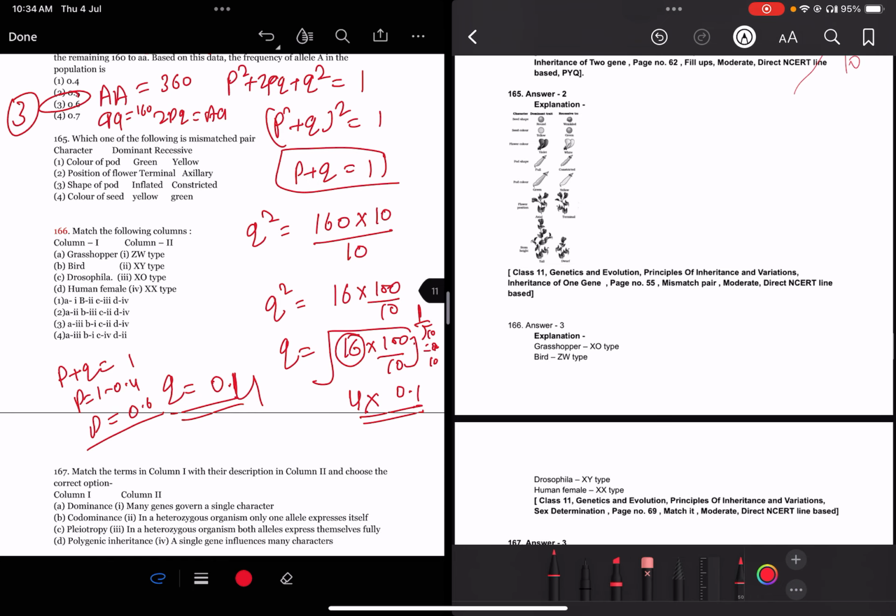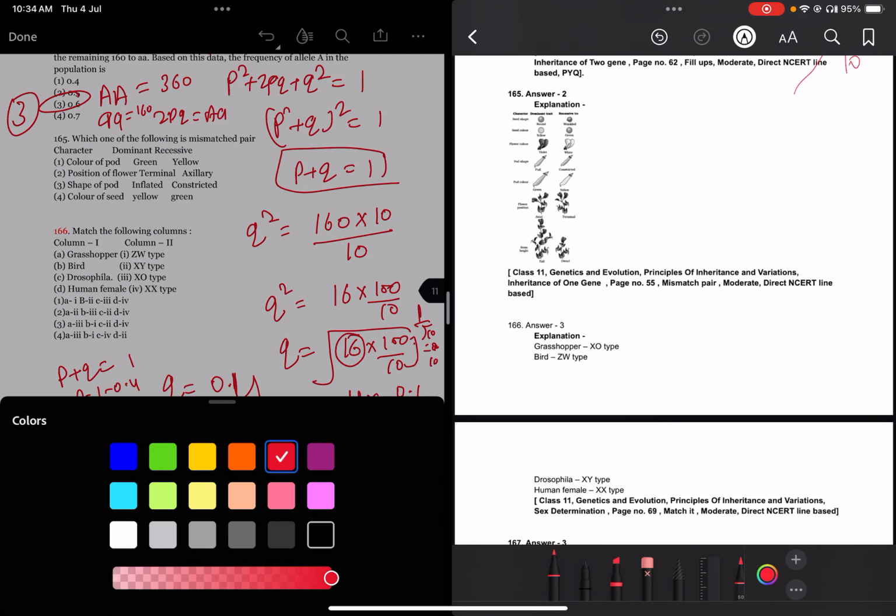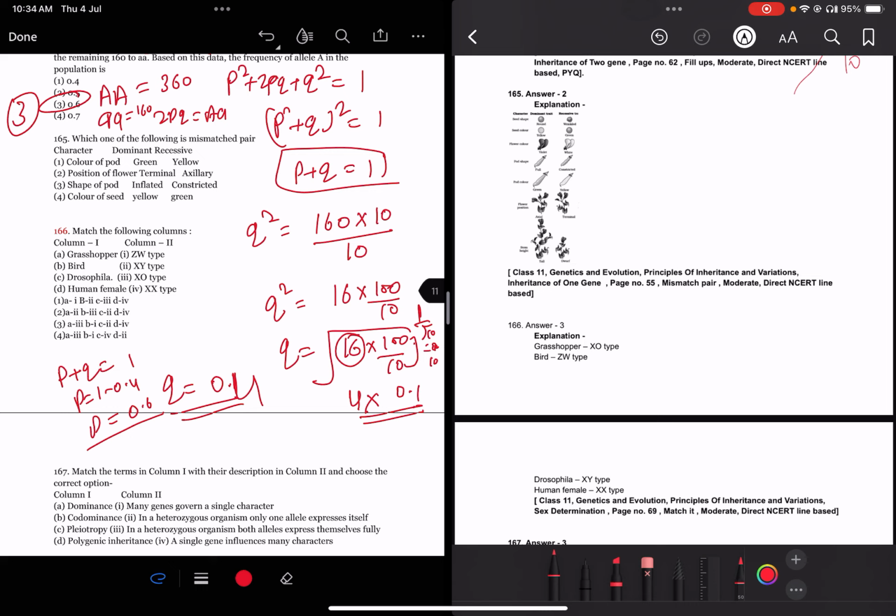Now the 165 question. Which one of the following is a mismatched pair of characters? Here the characters are showing dominant and recessive. Color of pod: green dominant, yellow recessive, correct.